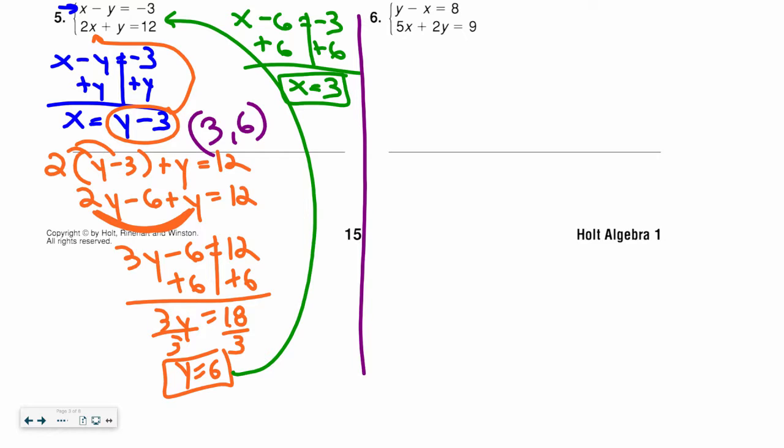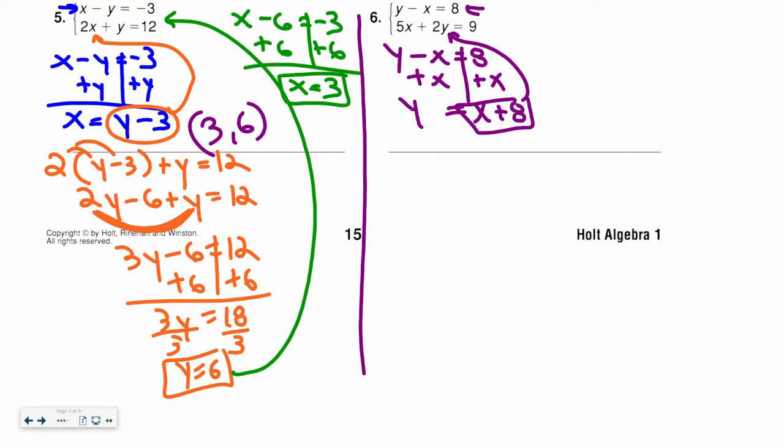Again, the second problem, I'm going to take this top equation, y minus x equals 8. I'm going to add x on both sides, so I get y equals x plus 8. I then can take this and plug it in for y in that equation.